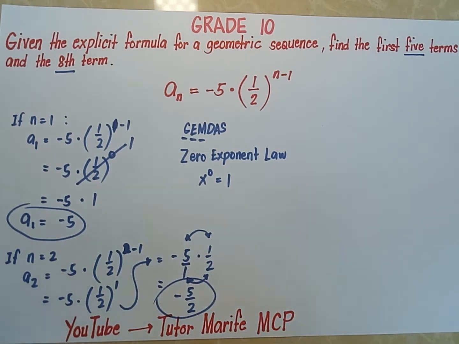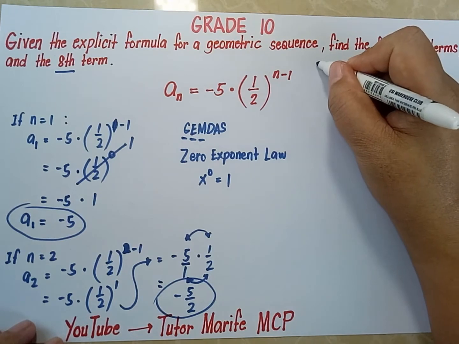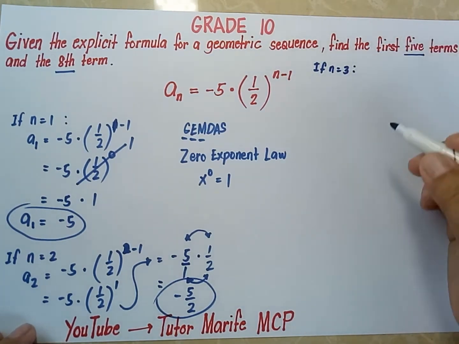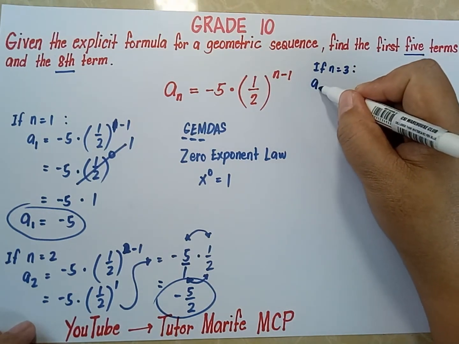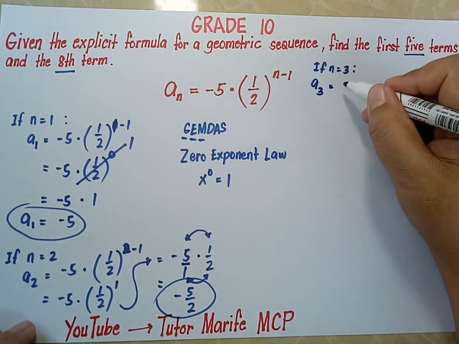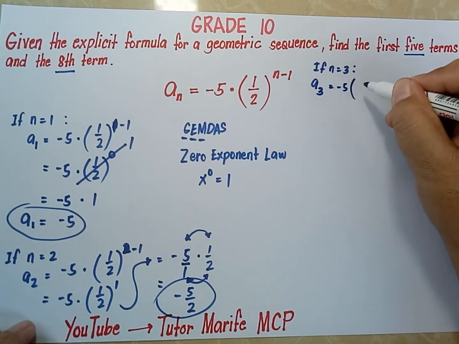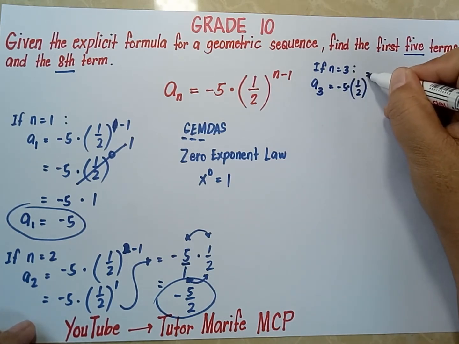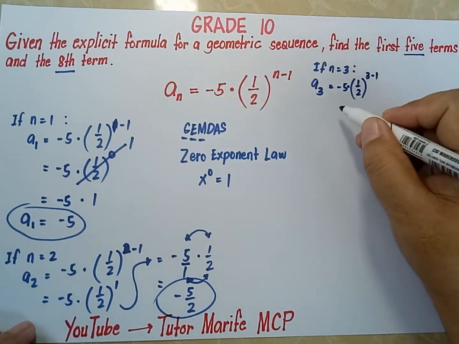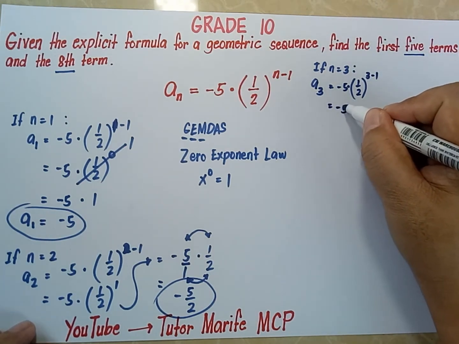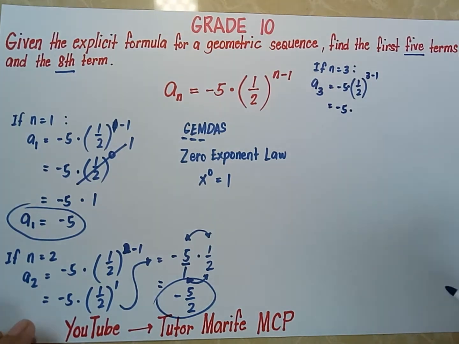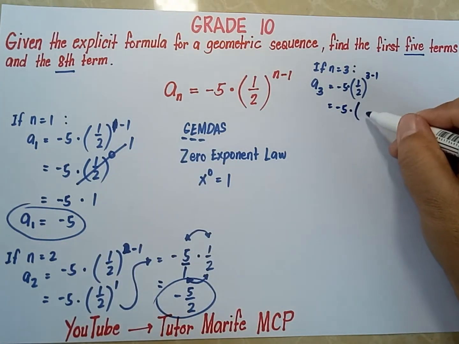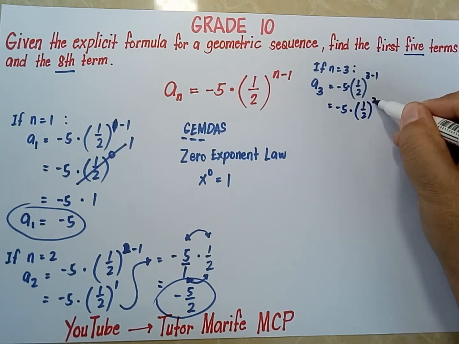Okay, next. Third term of the sequence. If n equals 3, plug in: a sub 3 equals negative 5 times 1/2 raised to 3 minus 1. It's equal to negative 5 times, evaluate exponential first, 1/2 squared.